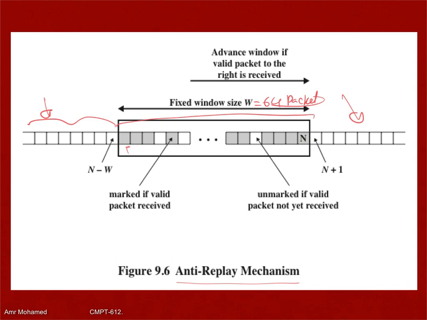If this is repeated multiple times, then we have to declare some security breach on that security association. So if that happens, then we have to renew this security association prematurely, even if it's not expired.